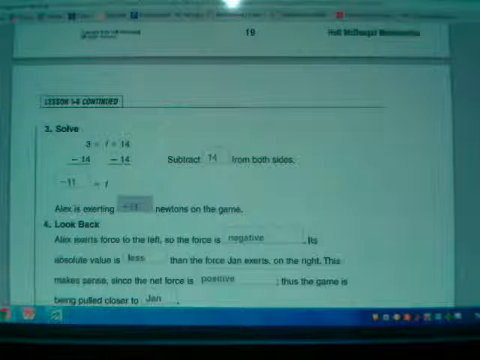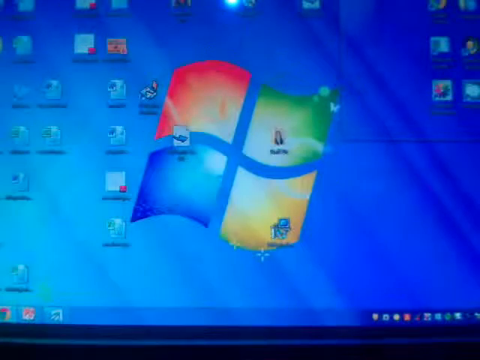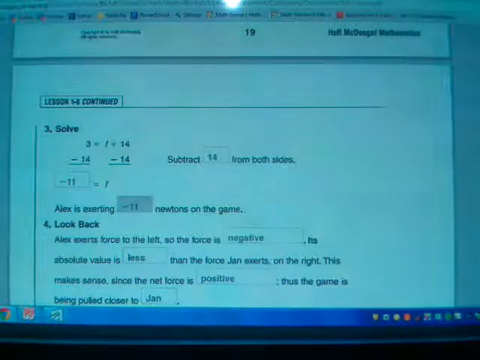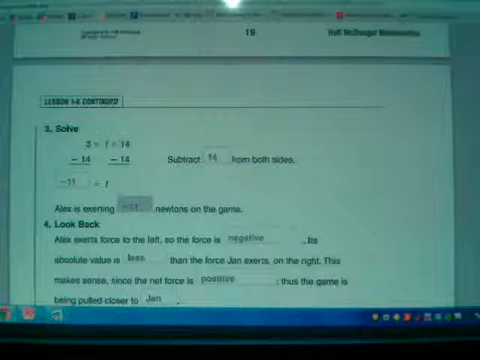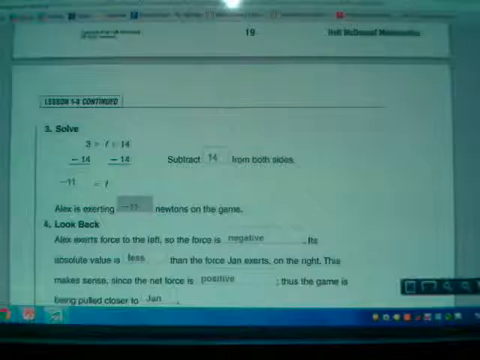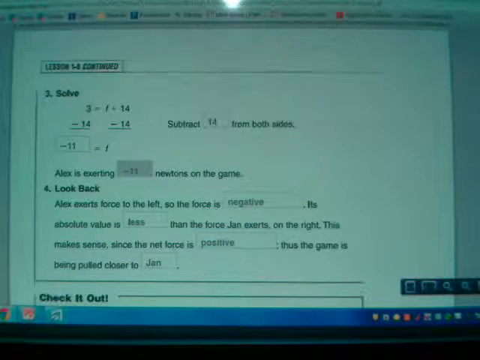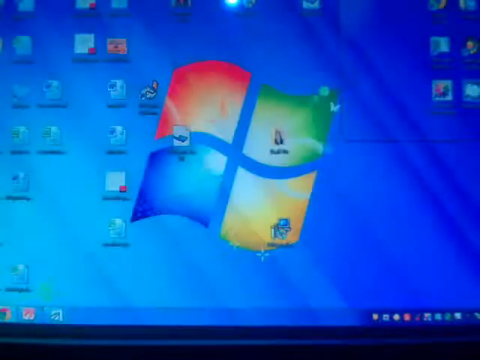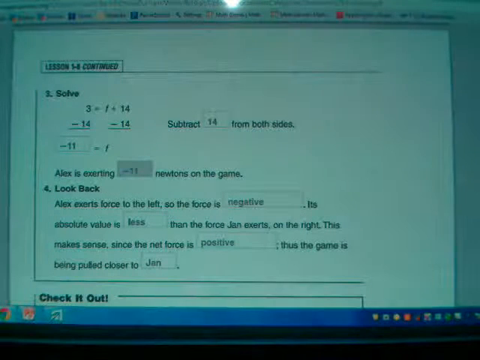Now, the book has decided to solve this question as is. We would not solve this question as is, because the variable is on the right side of the equal sign. And if you remember from the rules I gave you just a moment ago, we always like to have that variable on the left side of the equal sign.